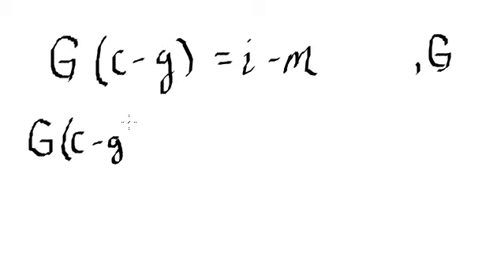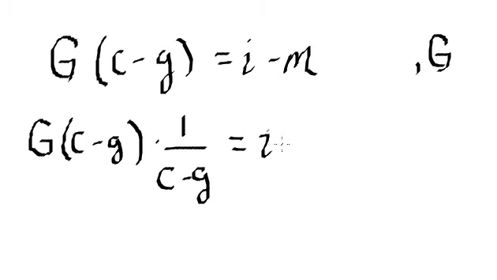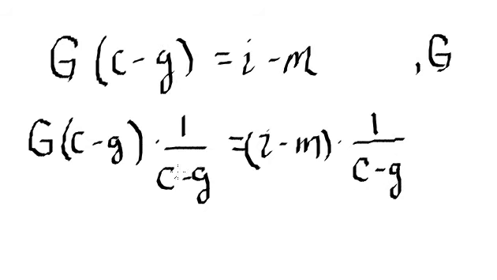Once you do this a bunch of times, there's a shorter way of seeing this. So we have I minus M, and I'm going to put this in parentheses, multiplied by 1 over C minus g. Now we have a C minus g, and this is the reciprocal here, actually, so these guys are going to cancel out.